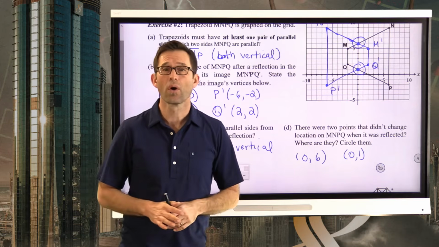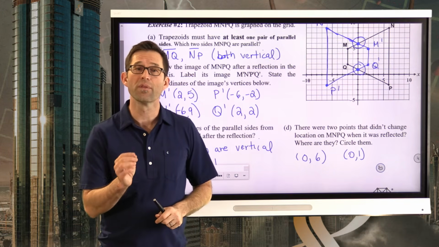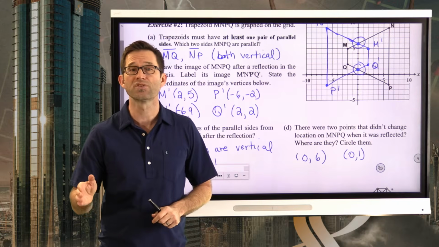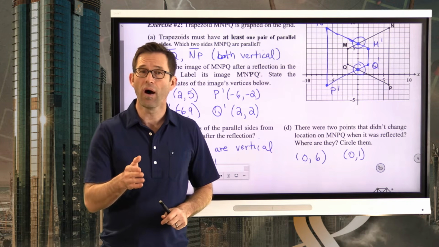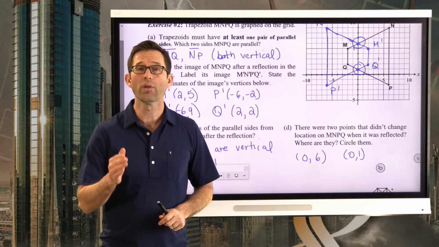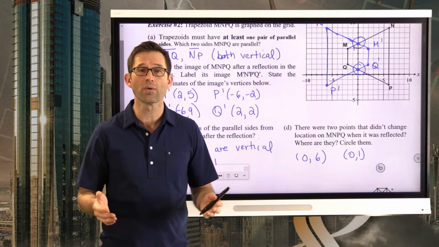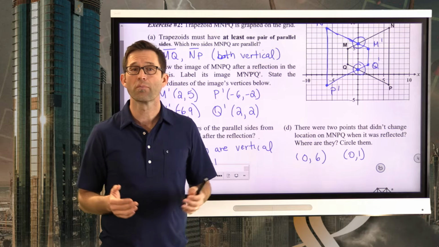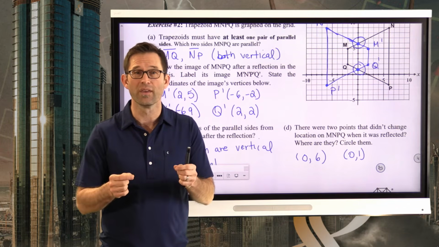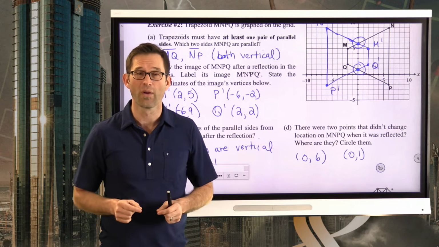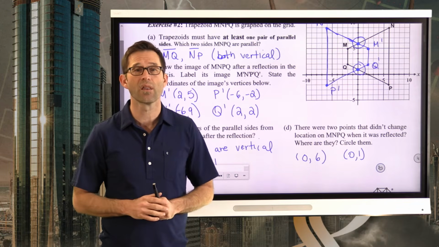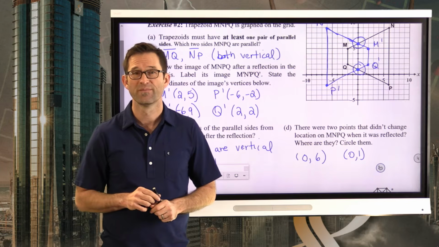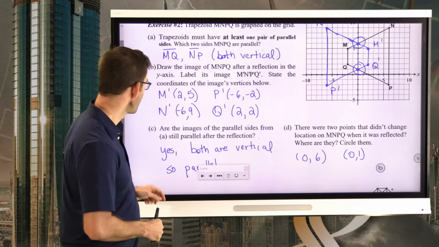Since you're always taking points and moving them the same distance away from the line of reflection as where they started, any point that's on the line of reflection will not go anywhere. It's literally 0 distance away from the line of reflection, and so after being reflected, it should continue to be 0 distance away. So any points that lie on the line of reflection, when reflected, stay there. All right, let's kind of keep going.